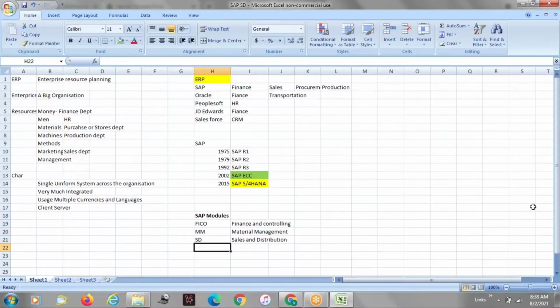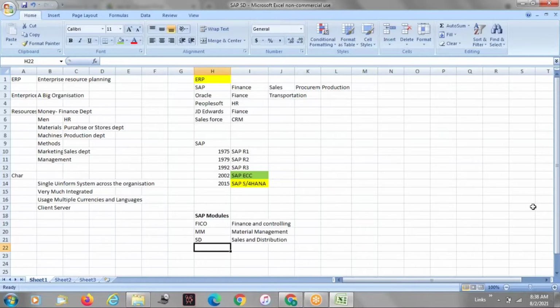Then there is a quotation, a sales order, the delivery, anything related to the customer. Anything that we provide to a customer is what the sales department would handle: sales orders, outbound deliveries, invoices, all of this we will be doing as part of SD.